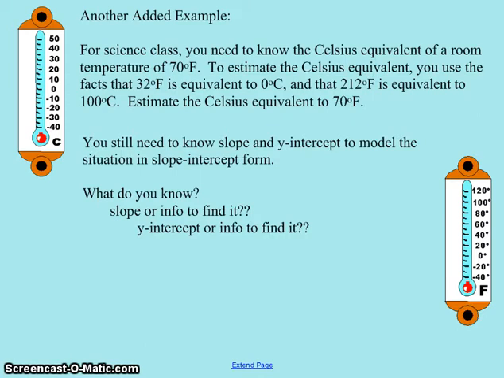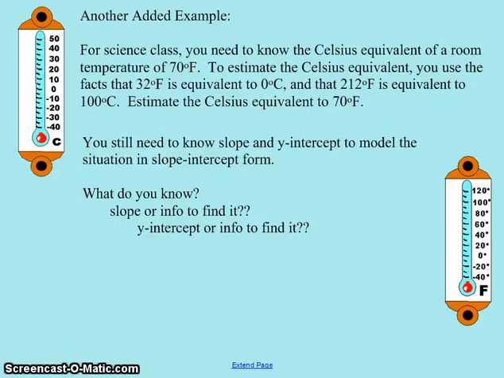For science class, you need to know the Celsius equivalent of a room temperature of 70 degrees Fahrenheit. To estimate the Celsius equivalent, you use the facts that 32 degrees Fahrenheit is equivalent to 0 degrees Celsius, and that 212 degrees Fahrenheit is equivalent to 100 degrees Celsius.